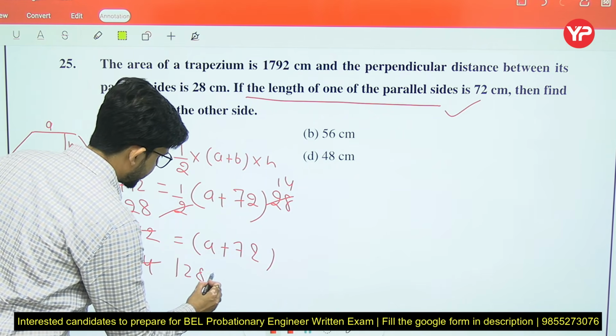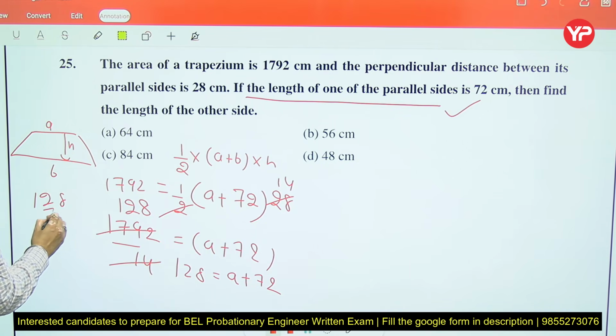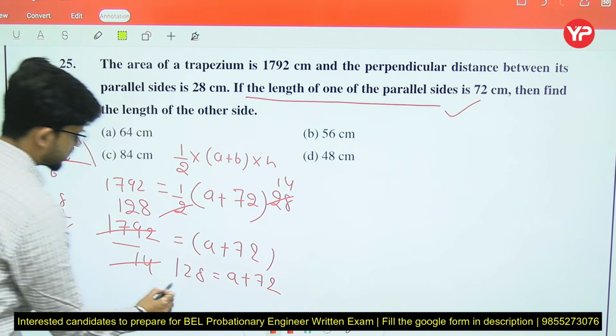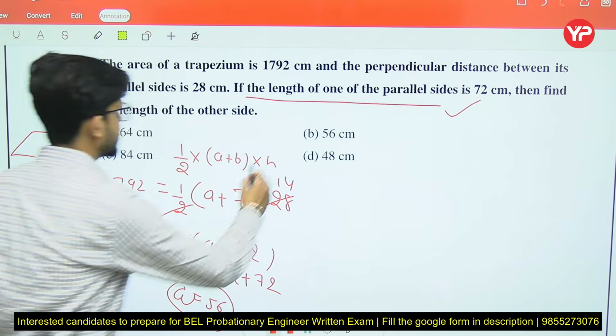Then 128 is equal to a plus 72. If I subtract 72 from 128, I get 56. So we get the value of a is equal to 56 and our answer will be B.